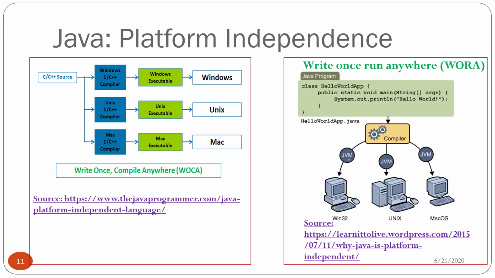Let's not go into that detail. In the textbook, we do have that detail, so if you're interested, you can go over that. So the JVM is an interpreter, and it will translate the bytecode instructions to the hardware specific executable. Similarly, the JVM that we have for Unix will convert the bytecodes to the Unix specific executable, and the same would be the case with Mac OS as well.